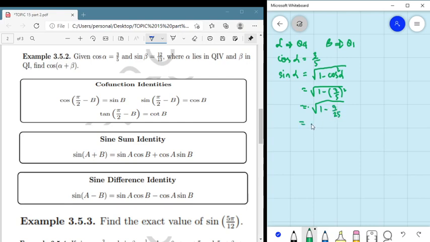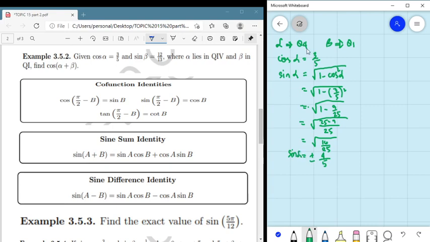Getting the LCD, 25 divided by 1 times 1 is 25, minus 9. So we get the value of sine alpha, which is the square root of 16 over 25, and this will be plus or minus 4 over 5, since the square root of 16 is 4 and the square root of 25 is 5.